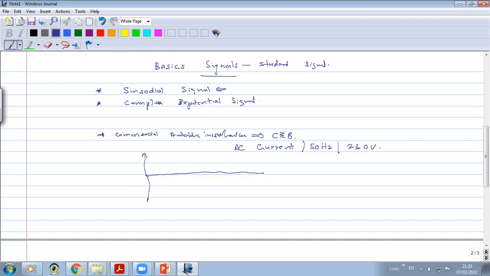Actually, here I have one example of a sinusoidal signal, that is the commercial power we are getting from the Ceylon Electricity Board. This is a type of alternating current, and the polarity is changing like this.